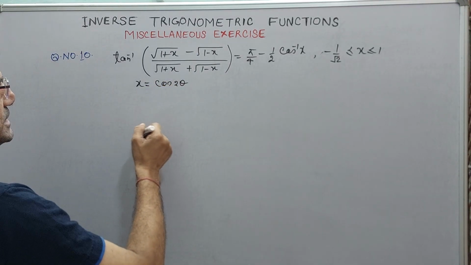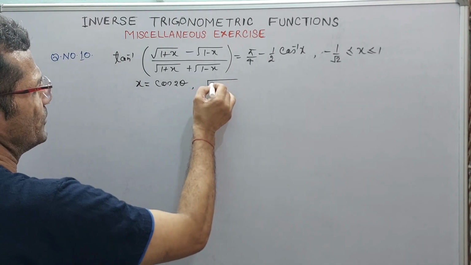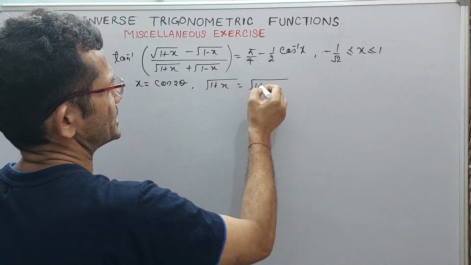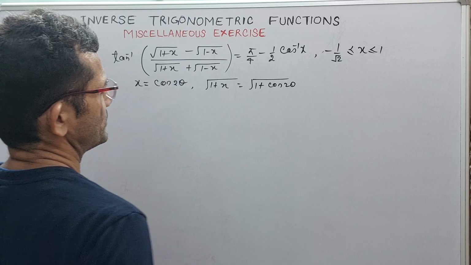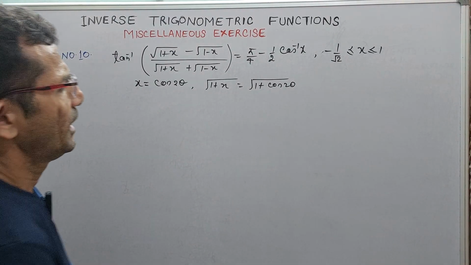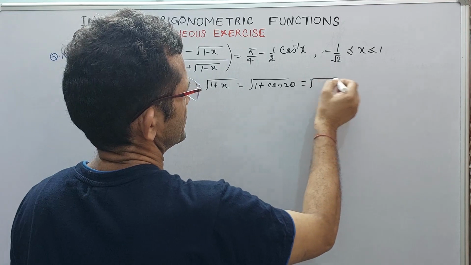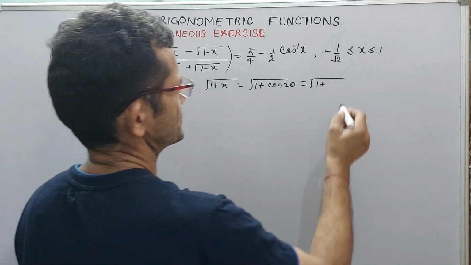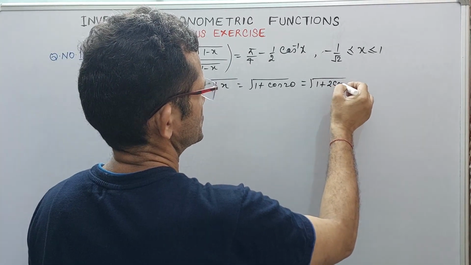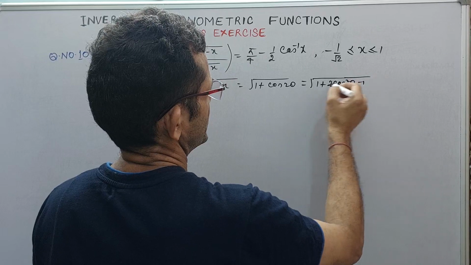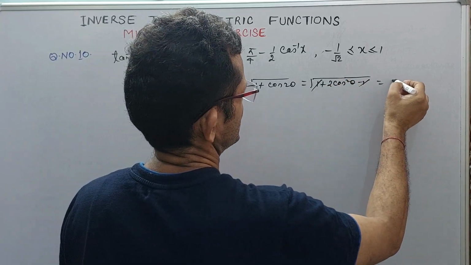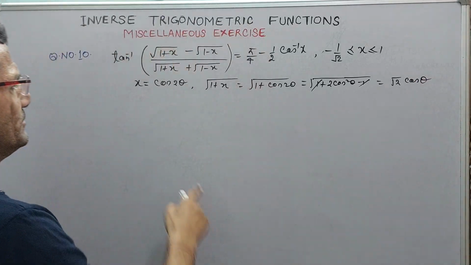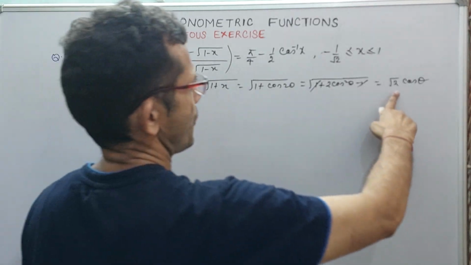So root 1 plus x becomes root of 1 plus cos 2 theta, and now put the value of cos 2 theta, so that 1 cancelled in the cos 2 theta expression, so we will utilize 2 cos square theta minus 1. This 1 minus 1 cancelled, this will become root 2 cos theta. So we can replace root 1 plus x with root 2 cos theta.